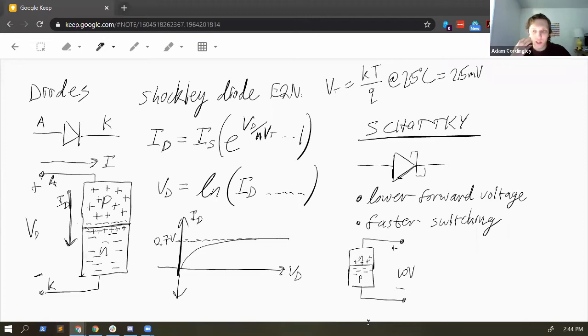But when you need things to switch very quickly, from having a reverse voltage of some volts, 10 volts or something, to switching it, and you need to do that very quickly, sometimes that's really necessary, and a Schottky is the only way to go.